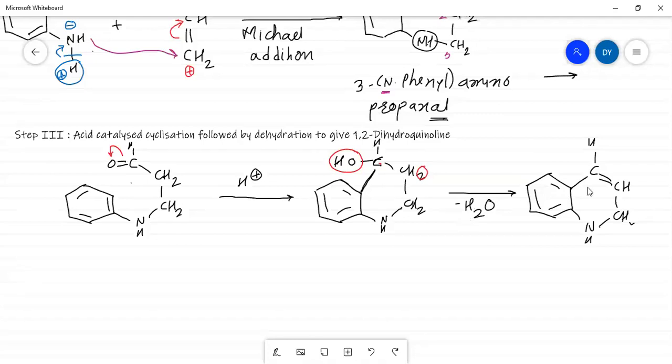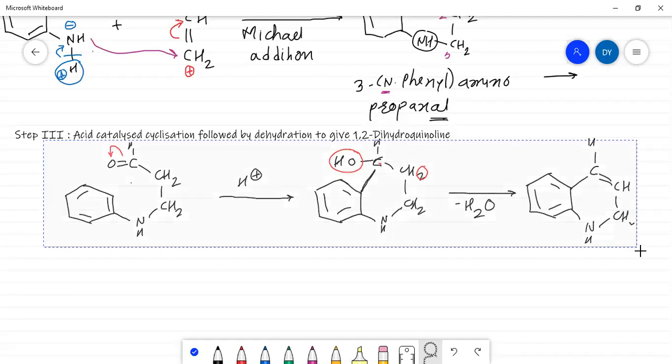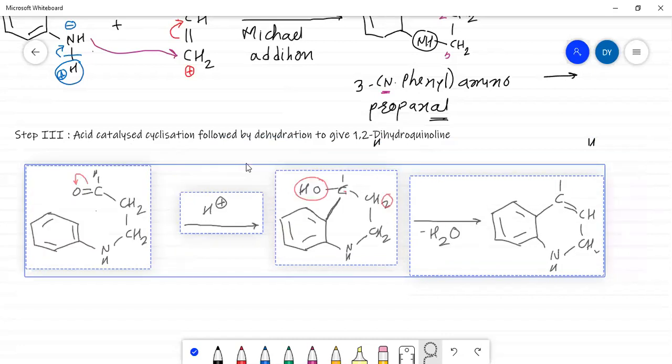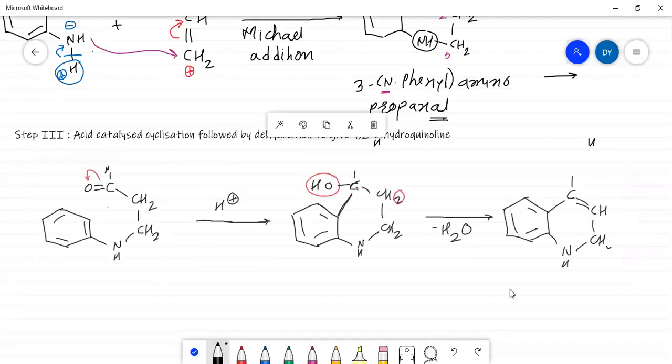Then there is a removal of a water molecule to form 1,2-dihydroquinoline. Right, students? Now again, please go to your chat and tell me you understand this step also.